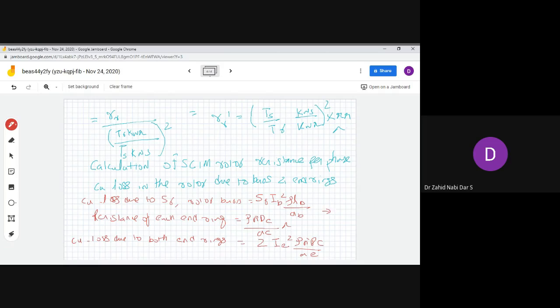Let this be equations 1, 2, and 3. Now the copper loss in the rotor due to bars and end rings means this plus this.